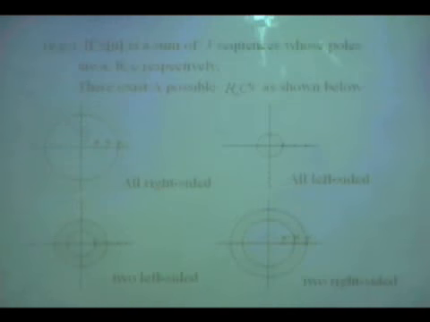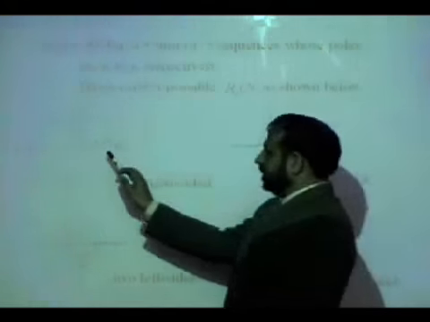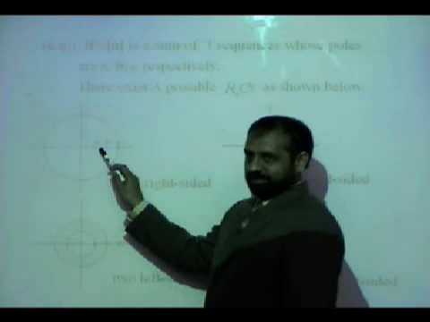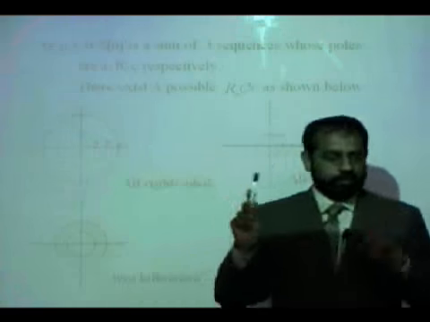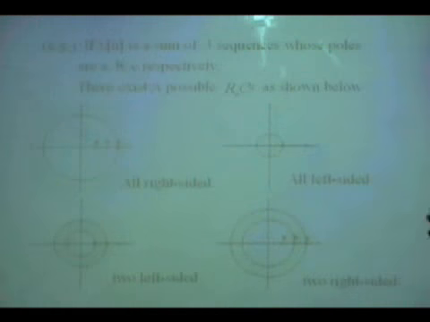Now let's say I only give you the location of poles, and I don't tell you whether the sequence is right-sided or left-sided. Every pole means an exponential. Remember, you need to correlate, because this is what you will see all the time: poles. Every pole represents an exponential.